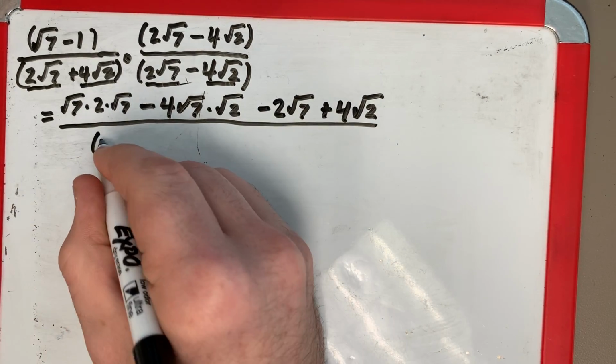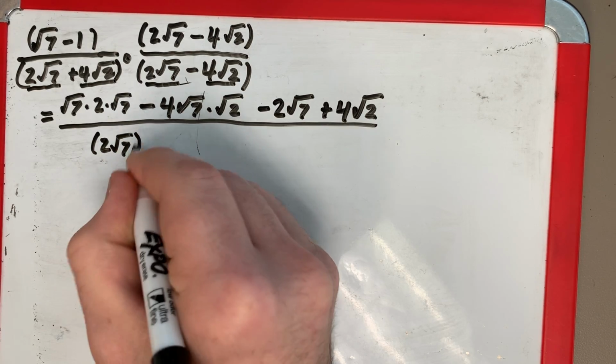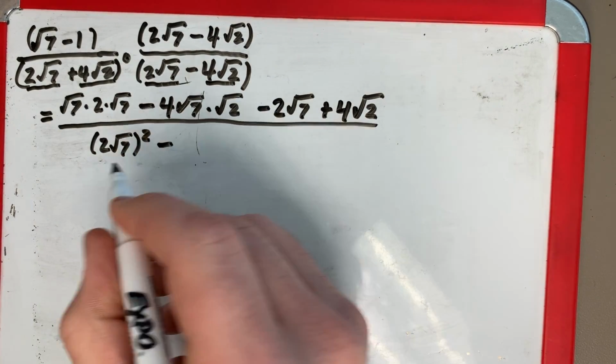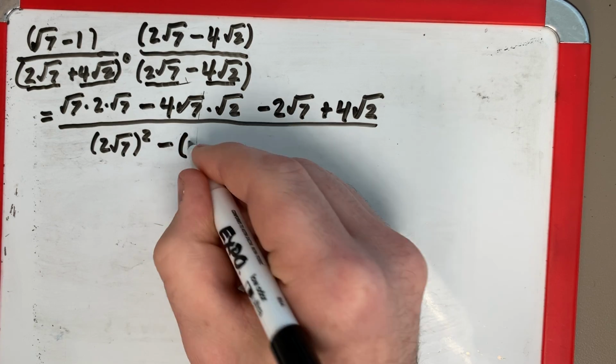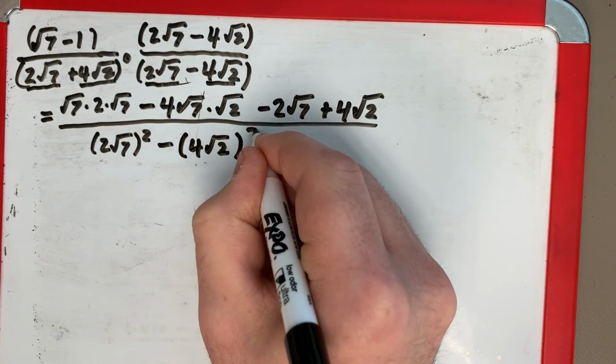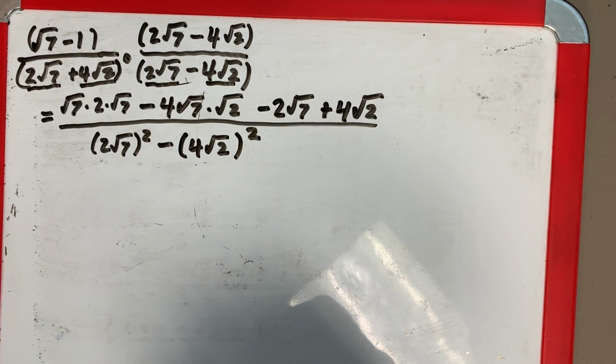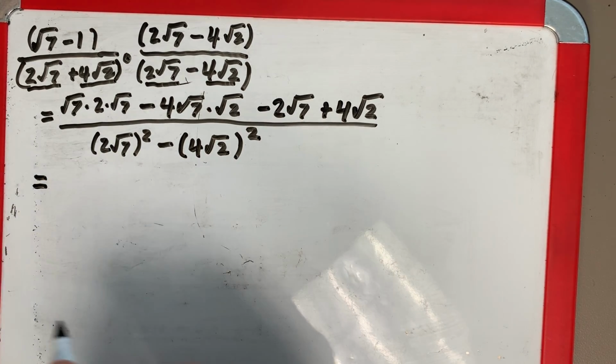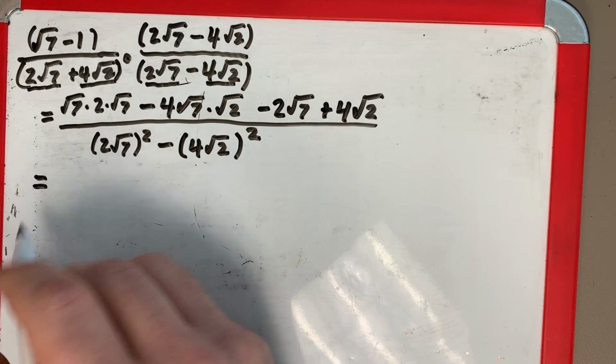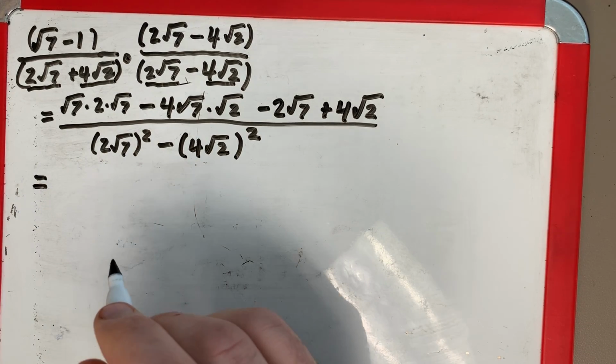Writing that out, I have 2 root 7 squared minus 4 root 2 squared. Okay, now let's simplify the top as much as possible first, because that's nasty and I don't want to rewrite that 38,000 times. And I'm sure you don't either if you're following along and keeping notes.